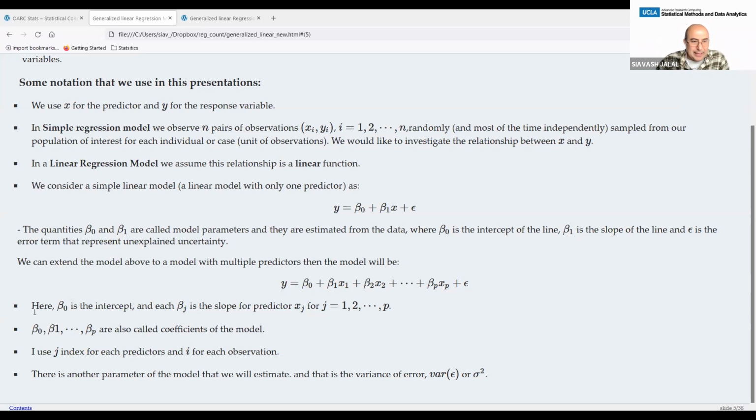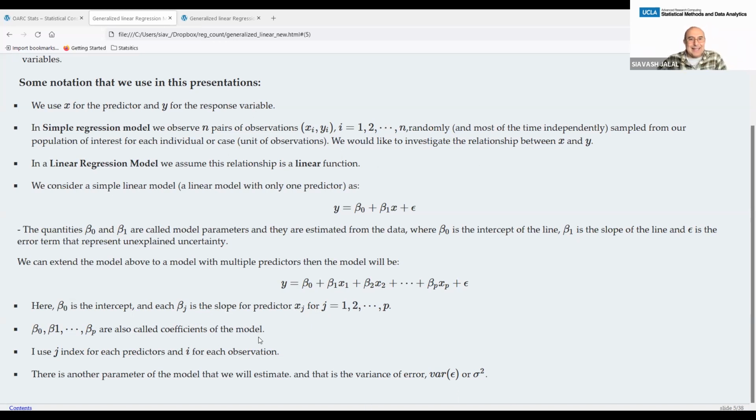Okay, here again, beta 0 is called intercept, but because we have a lot of slopes, there is one slope for each predictor. Notice that for different predictors, I use the j index, and j is from 1 to p. Here, for each case, I use the i index, and i is from 1 to n.